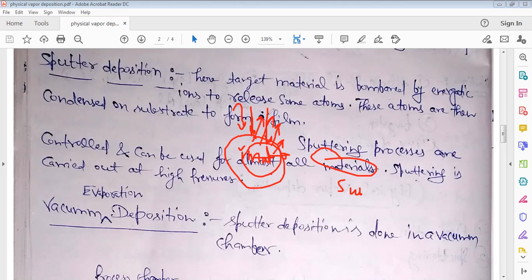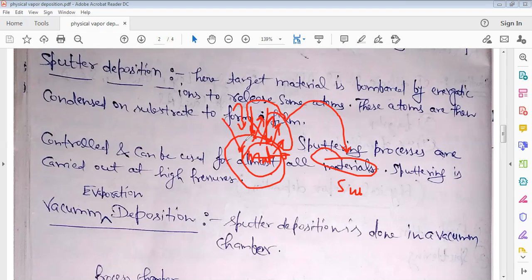When these atoms have been released, they condense onto the substrate to form the film. This is the simple sputtering deposition process. There is some problem with this sputtering mechanism: when you are bombarding with energetic ions, defects may be produced in the metals.